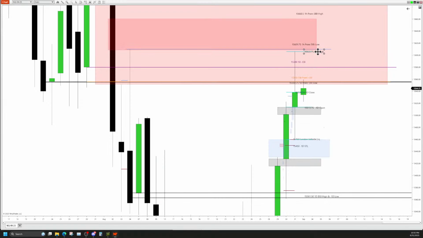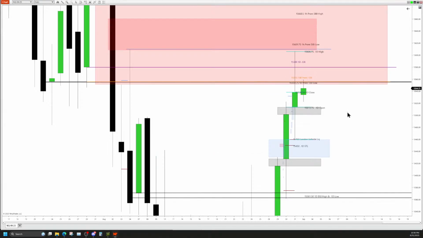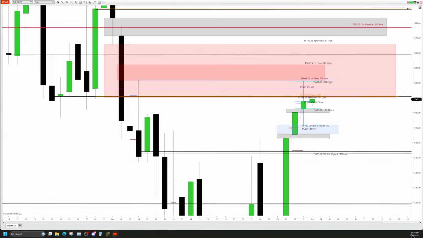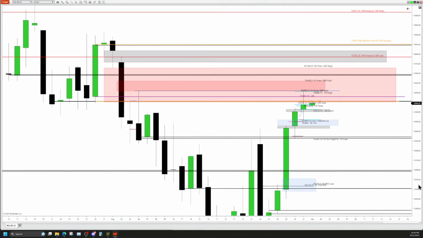Previous day high is 15,606.75. And the previous day low.